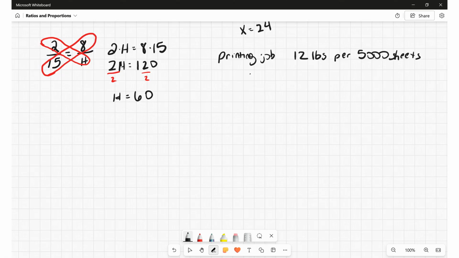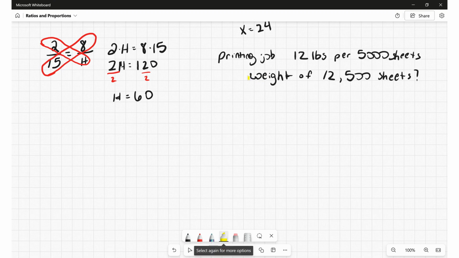So, what is the weight of a print job that needs 12,500 sheets? Well, again, order matters. Okay?